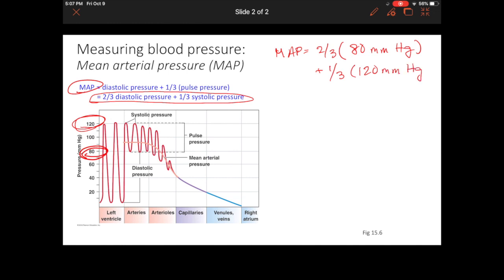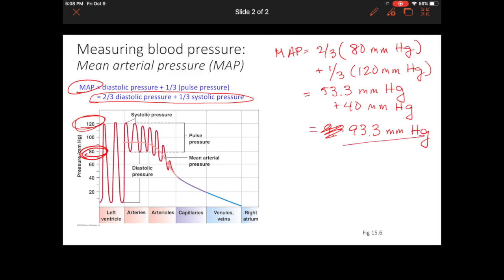So we just plug those into the equation. That comes out to 53.3 millimeters of mercury plus 40 millimeters of mercury, which gives us 93.3 millimeters of mercury for our MAP.